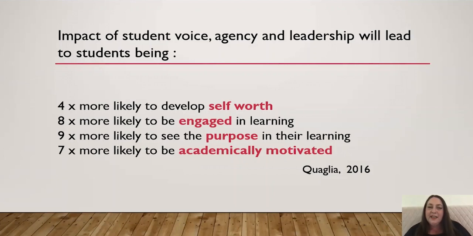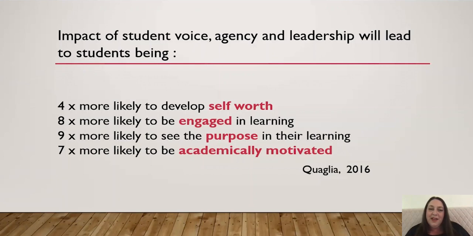And he really brings the notion of student voice, agency, and leadership together as one. So often it comes together as one, which sometimes is a little bit confusing when we're trying to separate it. From my perspective, I really like when we unpack the difference between voice and agency and leadership, because we want all of our students to become leaders in their learning, much like us as teachers.